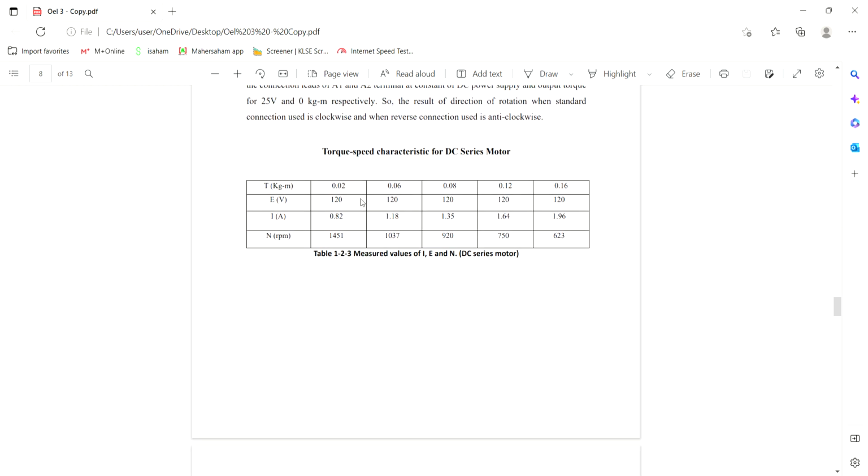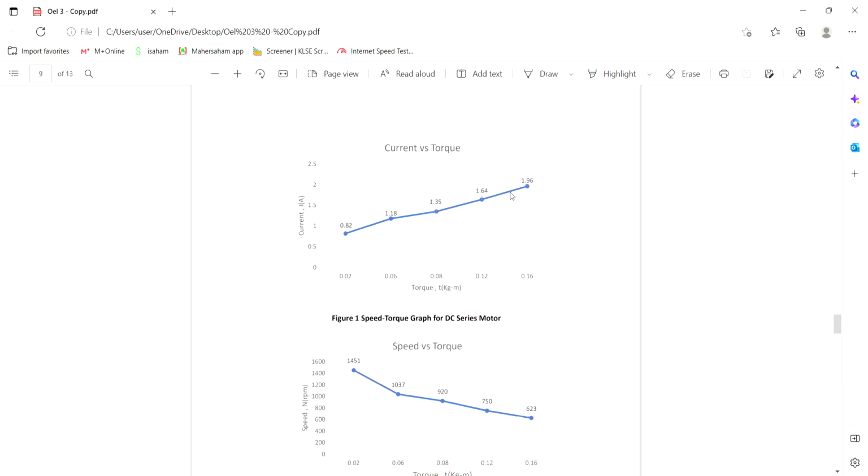So after that, this is for torque speed characteristic for the DC series motor. So this is the result that we have gotten after we do the experiment. If we can see the graph for Figure 1, which is a current versus torque graph, what I can conclude is that if we increase the current, the torque also will be increased.